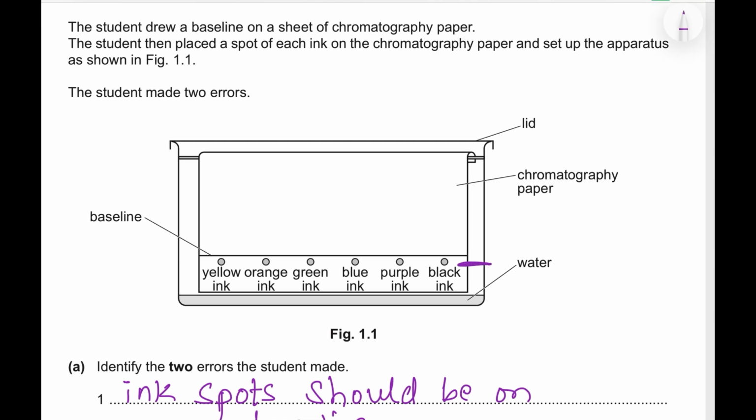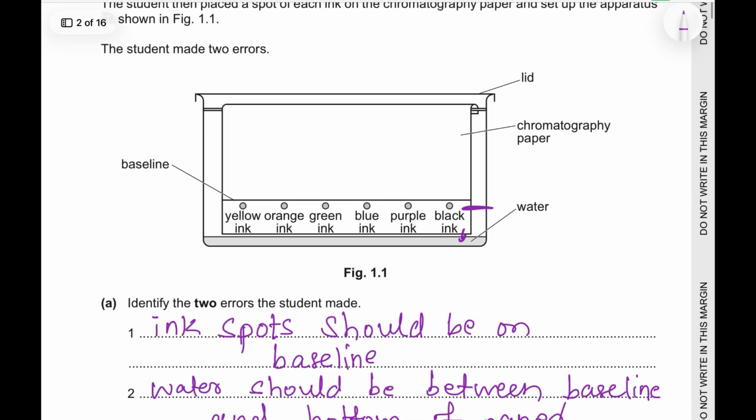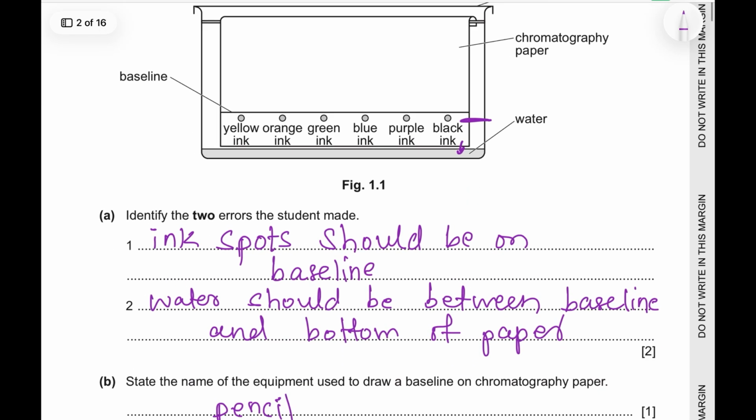Second, the paper should always dip in the solvent, the water. The solvent level should be between the baseline and the bottom of the paper, but here the paper is not touching the solvent. So these are the 2 errors which can be seen in the chromatography experiment done by the student.